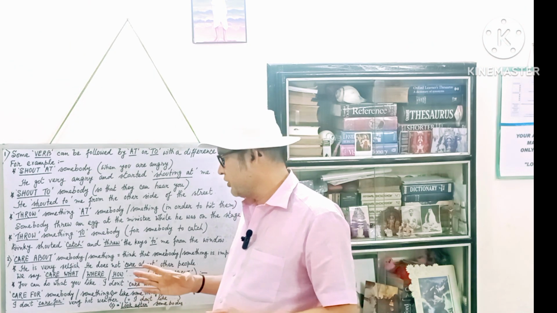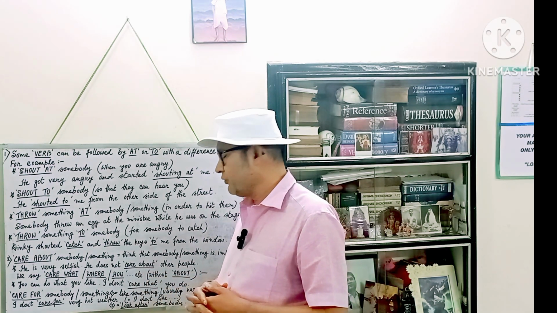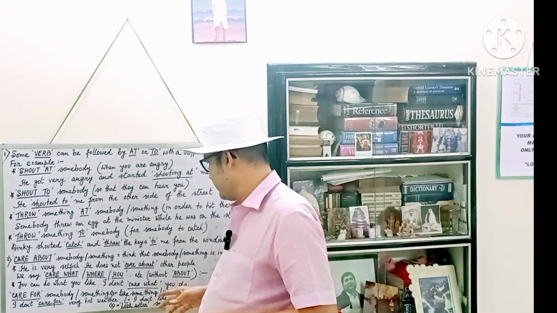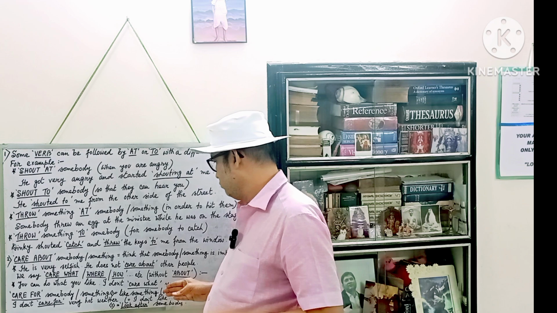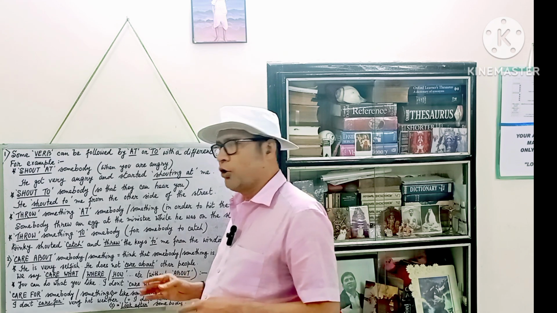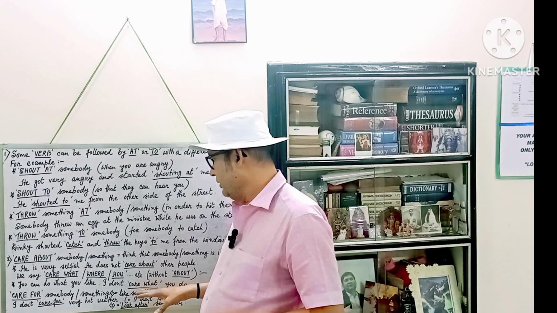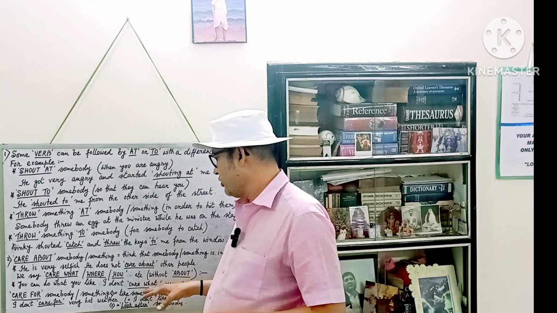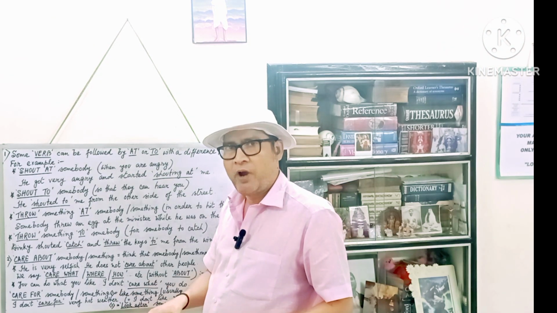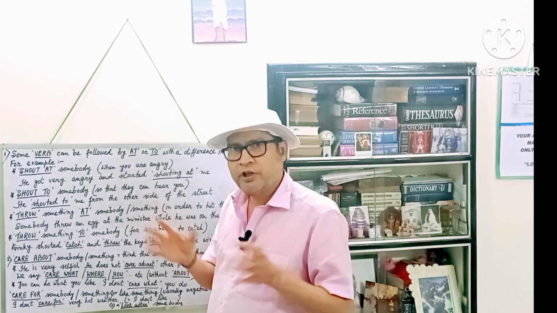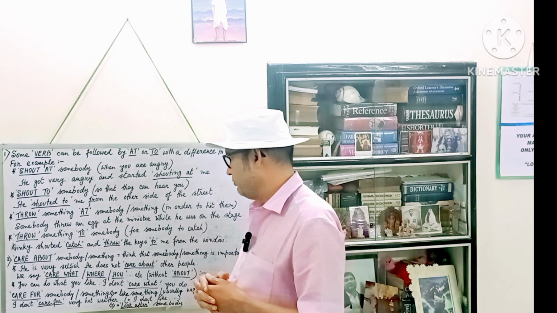Okay? We are not discussing that particular chapter of English grammar, so it's not necessary for us to know whether this clause is a nominal clause or a relative clause. But simply remember that when care is followed by what, which, how, when, where, etc., do not use any preposition after care.